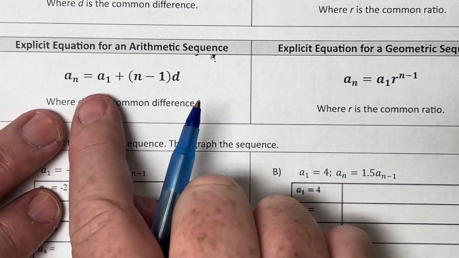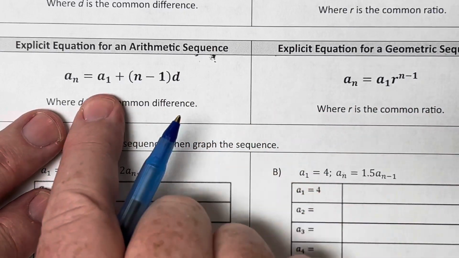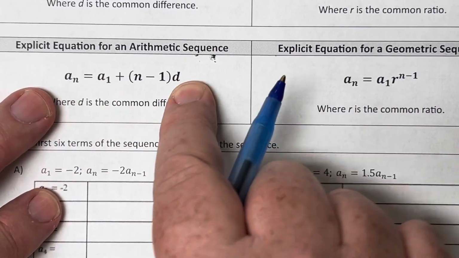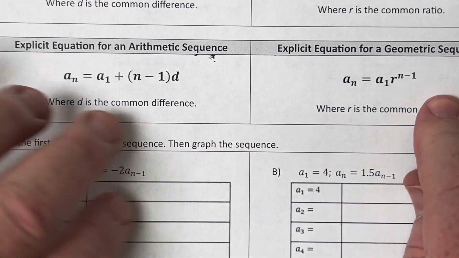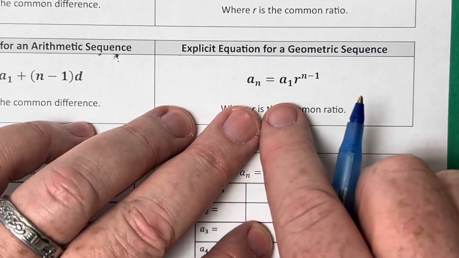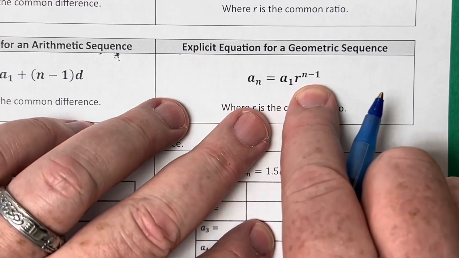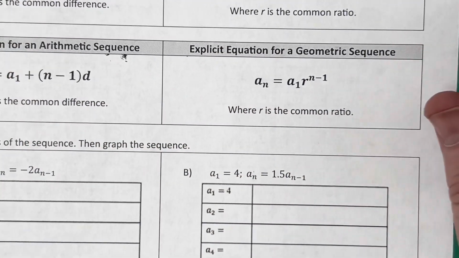If we're looking for the nth term, so the 180th term, we could plug 180 in here with the first term and the common difference and find out what that value is. Same thing with geometric. If we're looking for the 57th term, we would plug in 57 minus 1 and figure out what that number is.